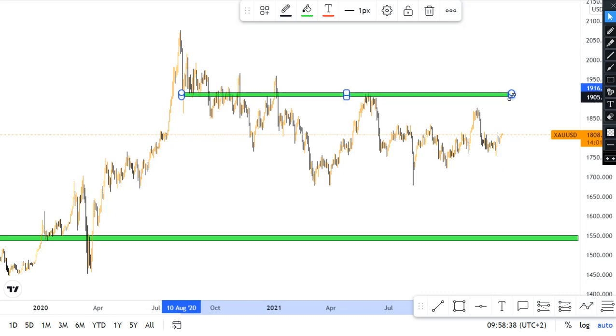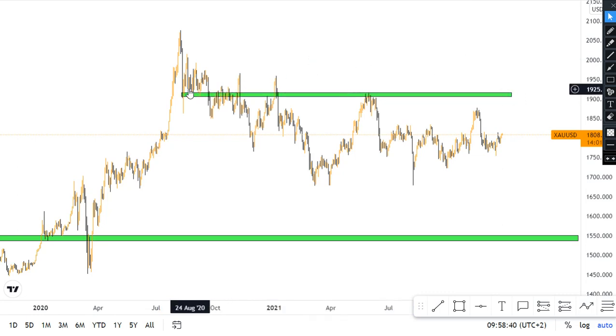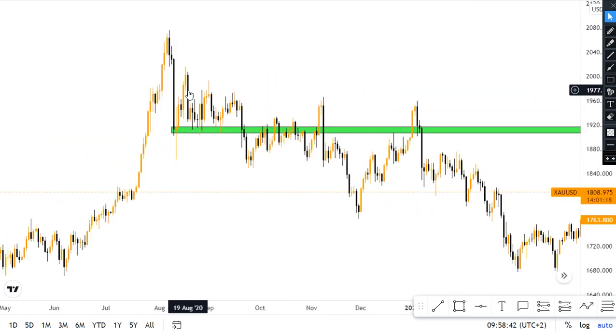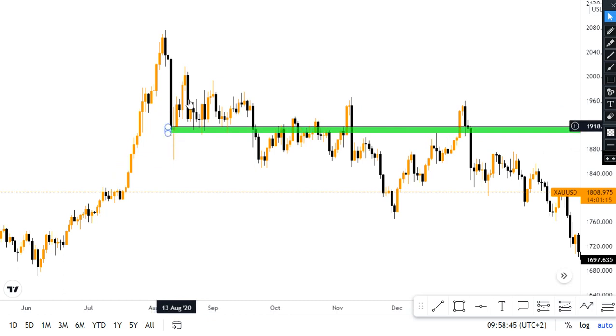The first time, price went as low as to touch the wick, and I was going to draw it from the wicks, but the wick was just the wick, and when it came for the second time, it respected the body. So because the body was respected, I will draw it from the body, right?